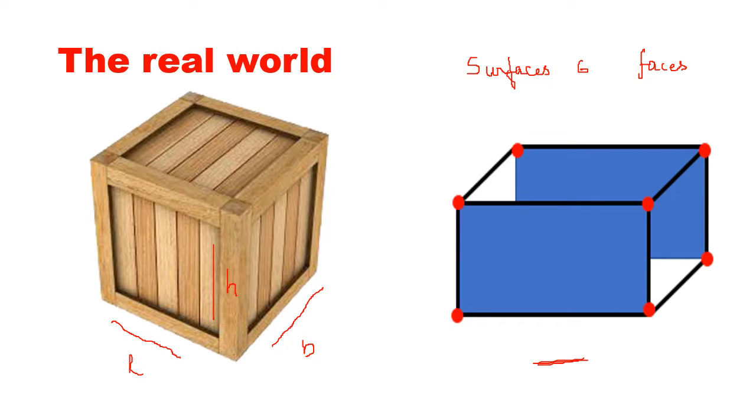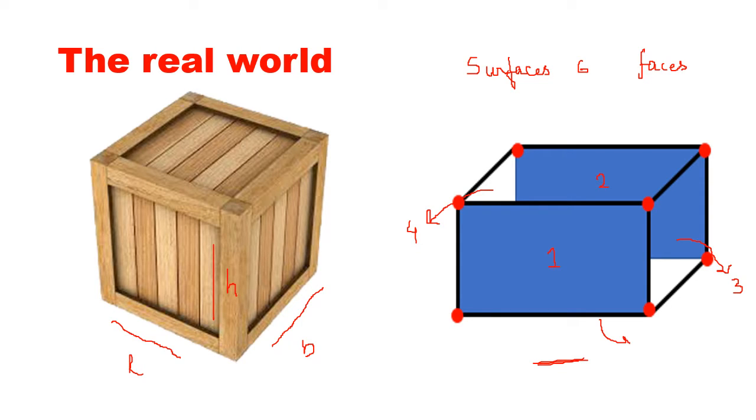This one is surface 1 and opposite to it is surface 2. The blue ones are surface 1 and surface 2. What do you notice? They are both equal in shape. To the side is surface 3 and to the other side is surface 4. Those two surfaces are equal.